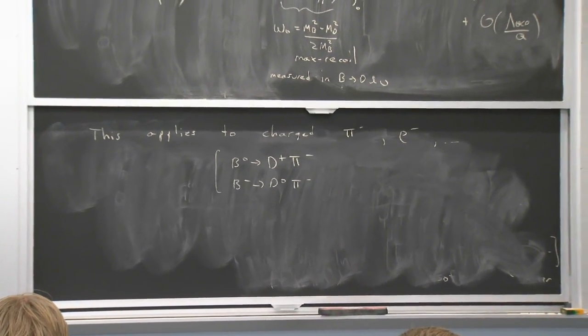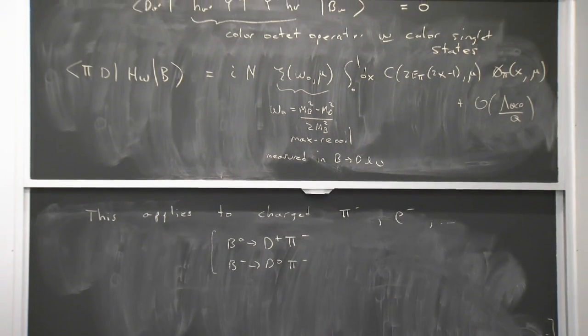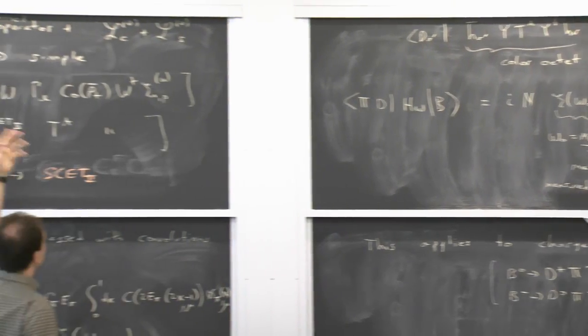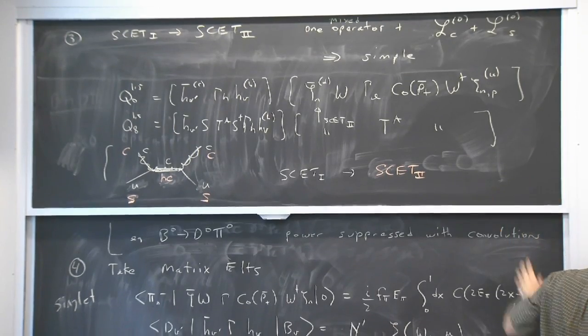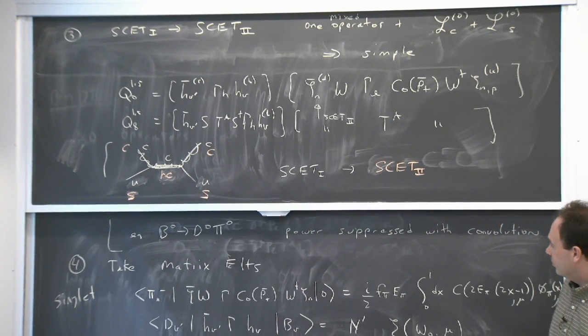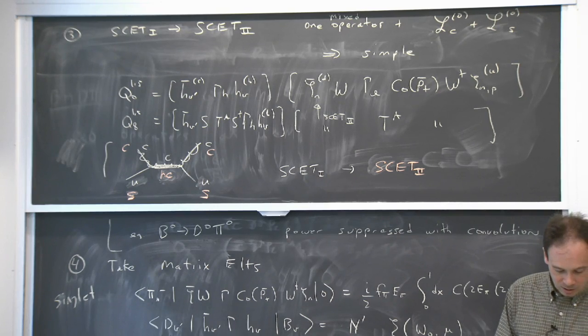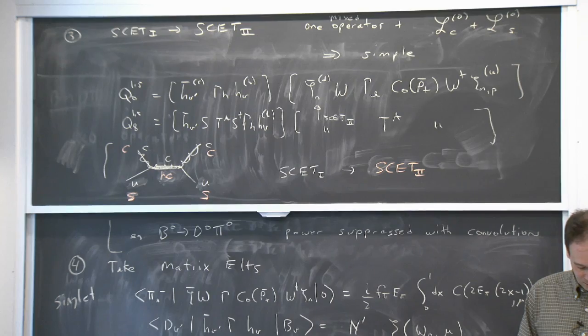The neutral ones end up being power suppressed, and you can see that from our discussion. Just writing down the leading order operators, effectively they don't make this transition with the two charges being the same, such that you could get a pi 0. So you have to do something more in order to get that case. All right. So questions?